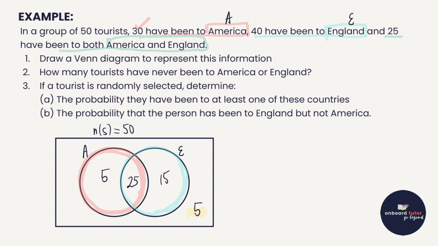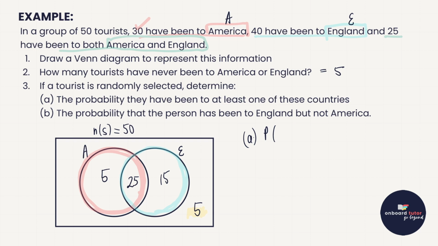Now it says how many tourists have never been to America or England. So there we go. In drawing a Venn diagram, we've actually been forced to answer that question. And so we know that that answer is 5 tourists. They may have toured in other places in the world, but they haven't been to America or to England. Okay, and then we're going to do these probability questions. What is the probability that they've been to at least one of these countries?